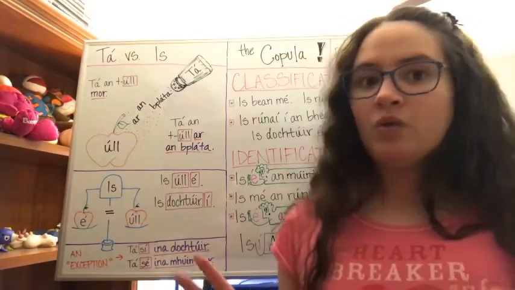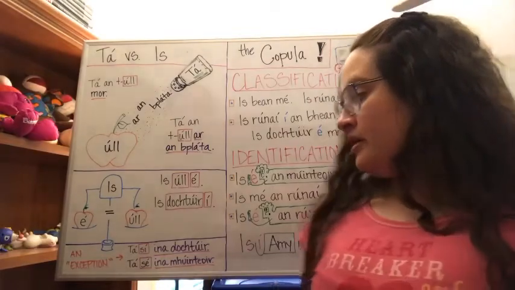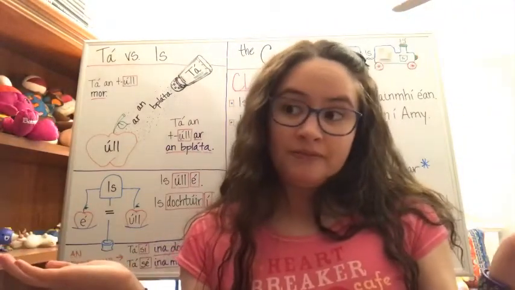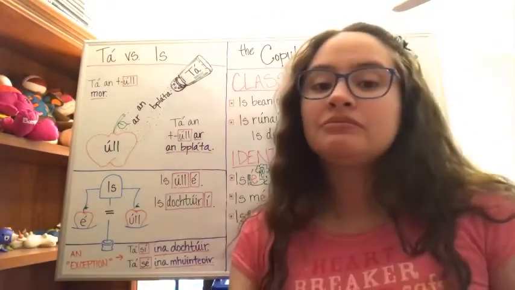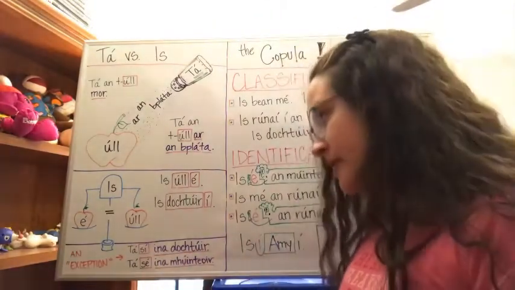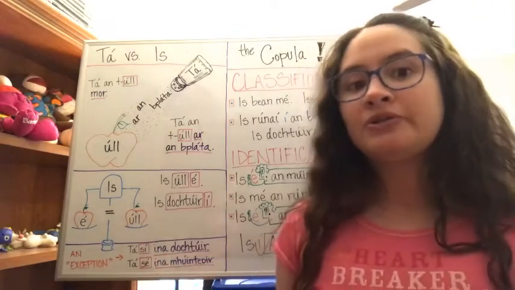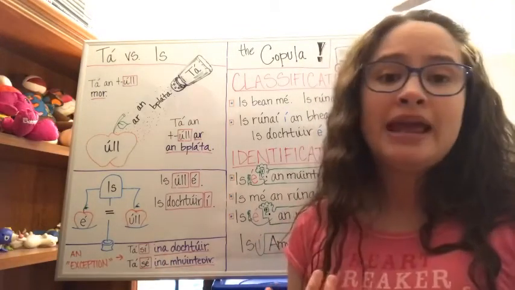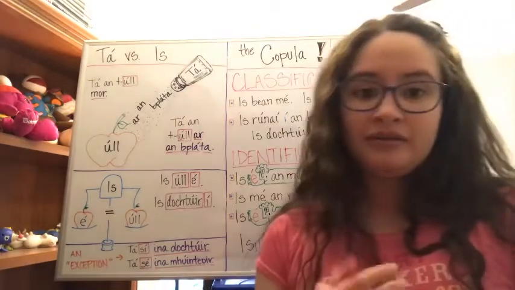Well, you might think, wow, that violates the rules because you're saying this equals this, but we're using tá. Only technically. That is the English interpretation of what is being said here. First of all, this form is only used if you're talking about something that has been recently attained or is very temporary or will easily be taken away.